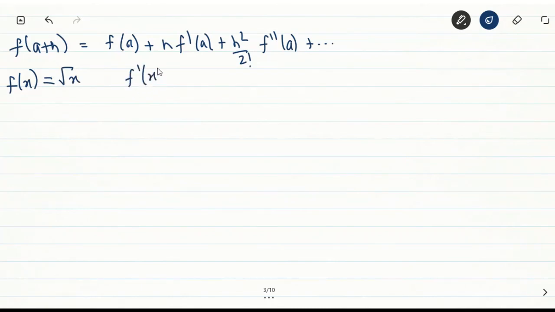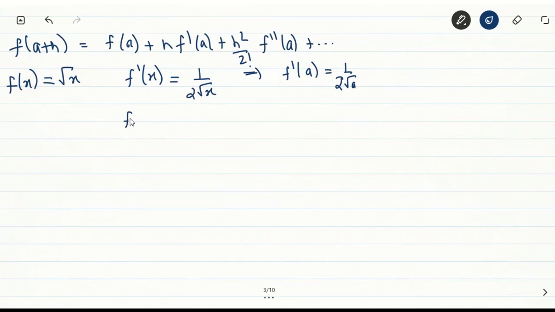Okay. Now if f of x is equal to root x, then what is f dash of x? f dash of x will be, so we will differentiate this function with respect to x, so this is 1 upon 2 root x. So this implies f dash at a will be equal to 1 upon 2 into root a.